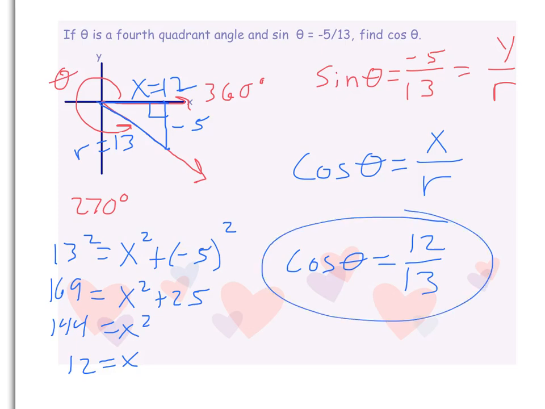Problem solved. That angle, which again, I don't even know what that angle is. All I know about it right now, somewhere between 270 and 360. Based on my diagram, I think it's a little bit closer to 360. But its cosine value, I know, is 12 over 13.